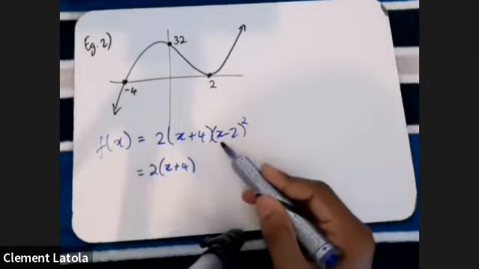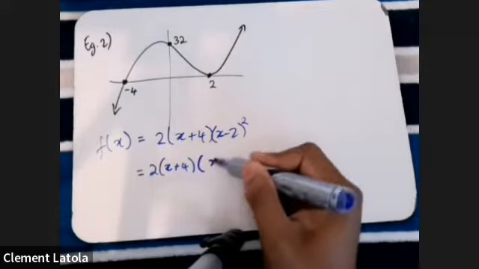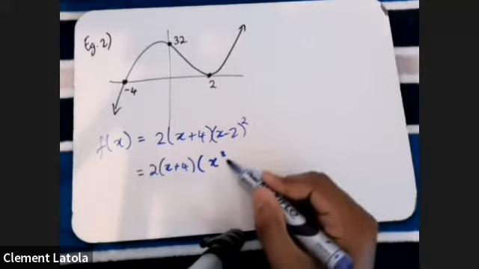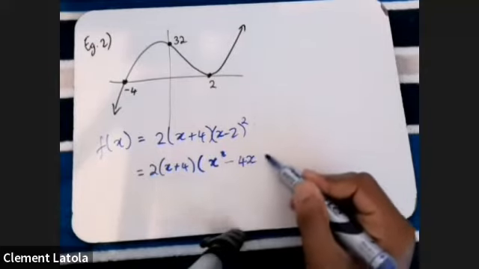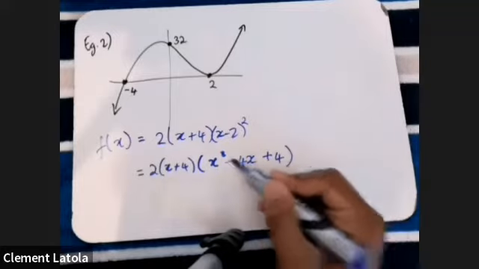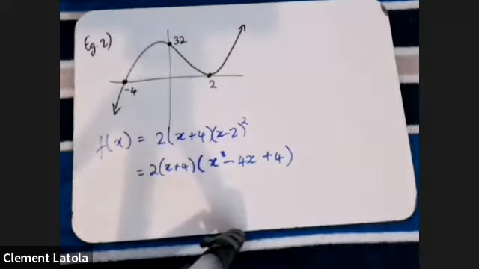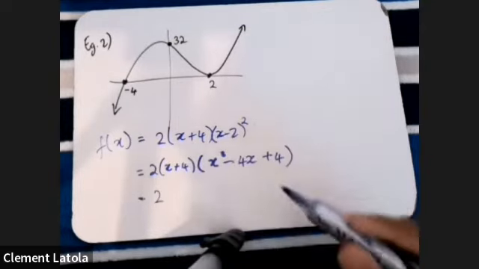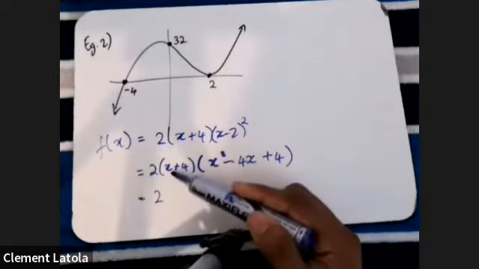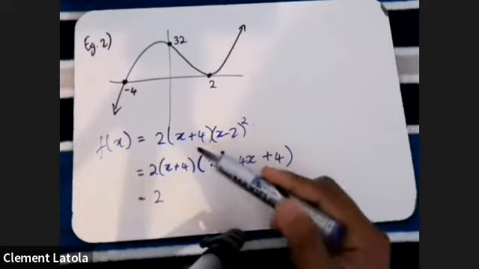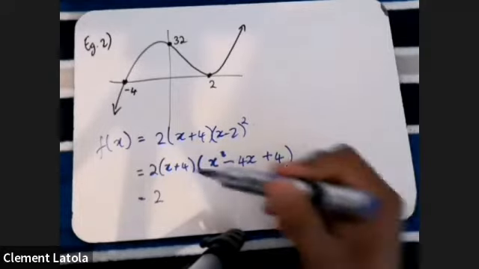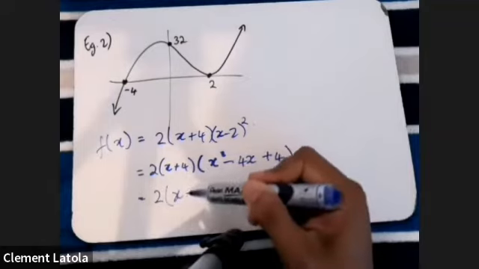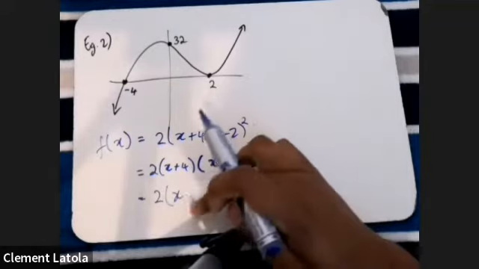So we square the x minus 2. That becomes x squared minus 4x plus 4. Okay. Then I'm going to do the same thing like I did for the previous one. I'm first going to multiply everything with the x, and then I'm going to multiply everything with the 4. The 2 is still chilling on the outside.